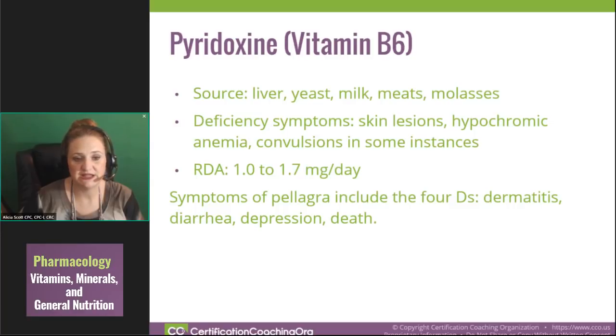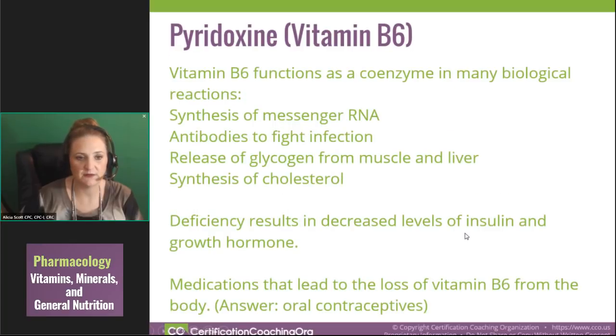Pyridoxine, vitamin B6, we've already talked about that. 1 to 1.7 milligrams a day is common. If you don't have enough of it, besides having problems with your skin, your digestive tract could be affected, as well as, and I just added this because I thought this was interesting, the antibiotics to fight infection come from B6, and also glycogen for muscle and liver to be able to process the sugar in the body, very important.